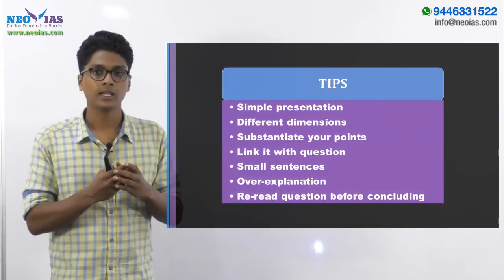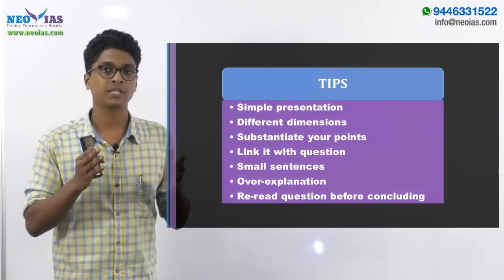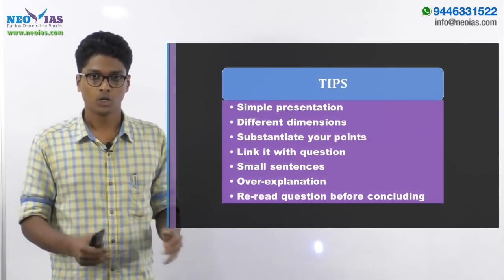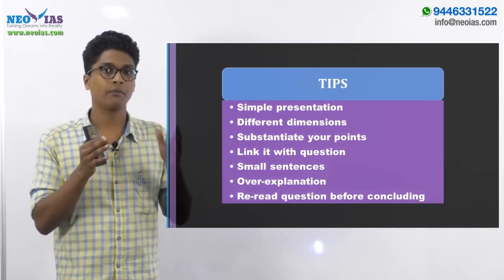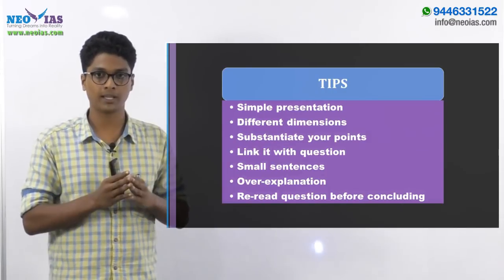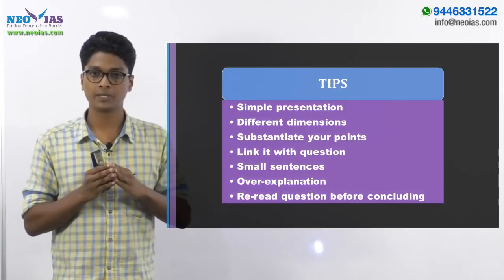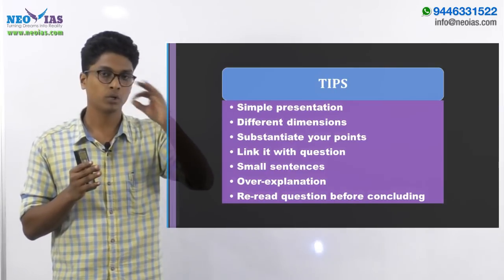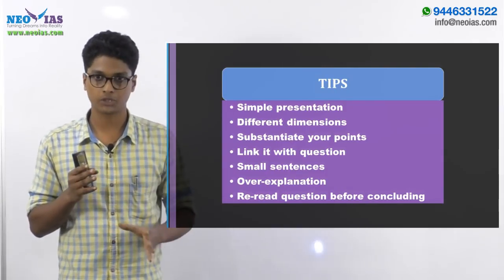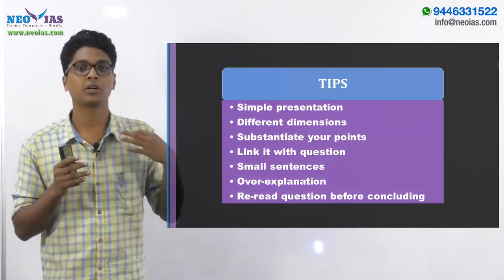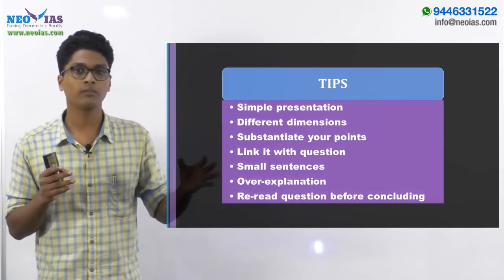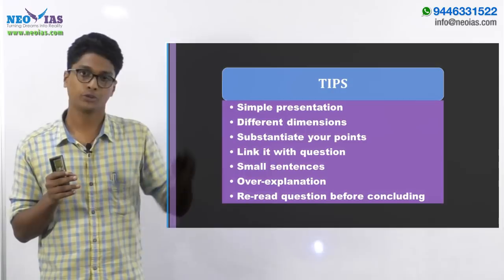So mainly, the major aspect that will come to our mind is agriculture. Each and every question will have a biggest aspect, a biggest dimension, and you shouldn't just limit your answer to that one dimension. If you're thinking from the perspective of monsoon prediction, it's super important for agriculture, no doubt, and you should address it.